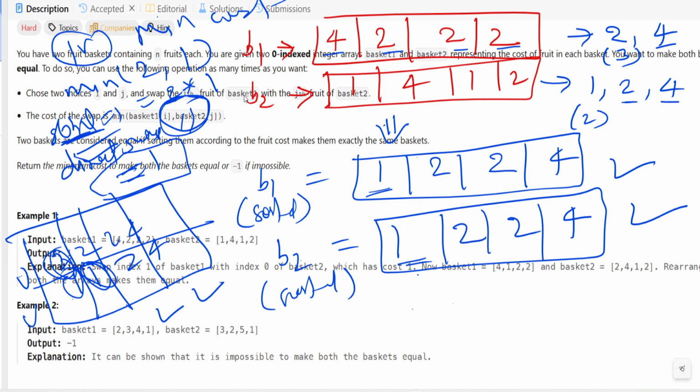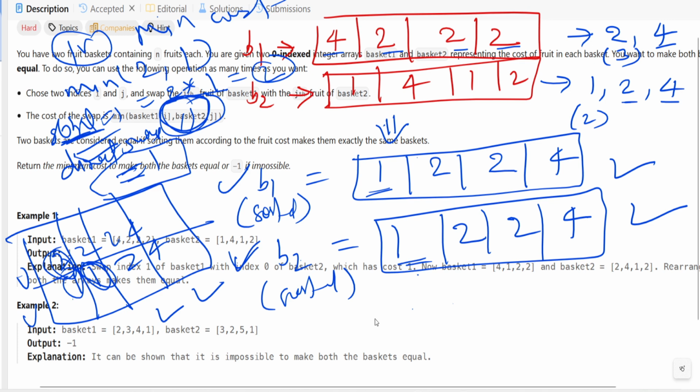So 2 into 1 becomes 2, and it is expensive, so we'll not do that. We'll do the direct swap. We choose the direct swap, just make it, and it is sorted. It will look like this one. I hope you understand. So in this case, our answer will be 1, because we are choosing the direct swap. I hope you understand. Okay.